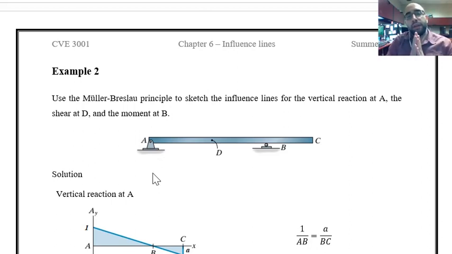I have to remove the translational, or shear, restriction. And once you do that, you can apply a unit displacement. When you apply a unit displacement, it's like pushing this side up, and then the deformed shape will be the influence line for vertical reaction at A.